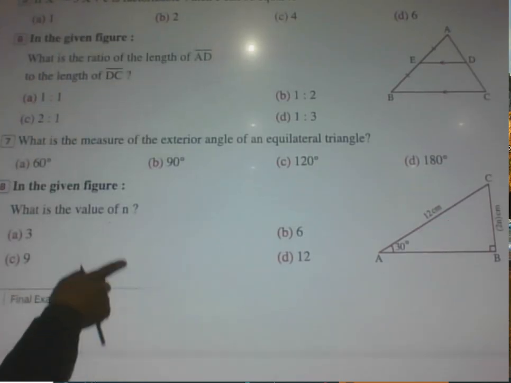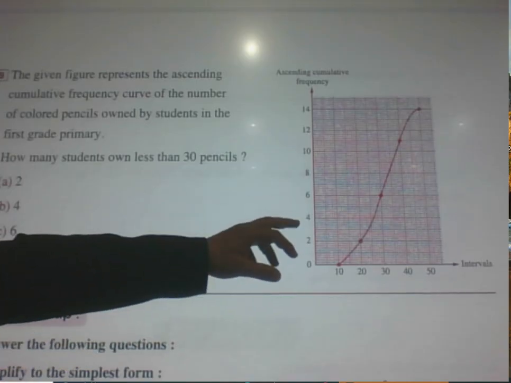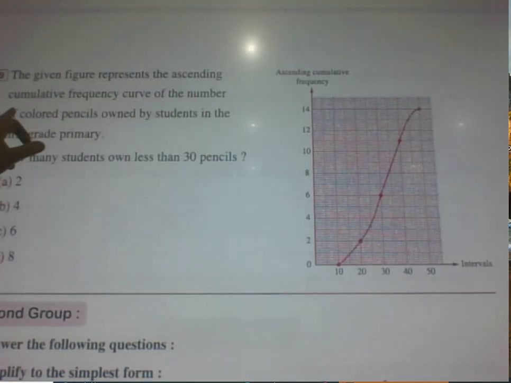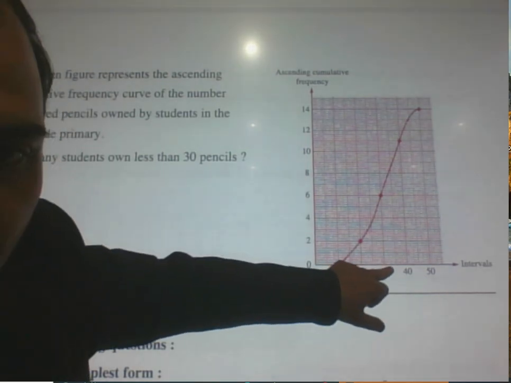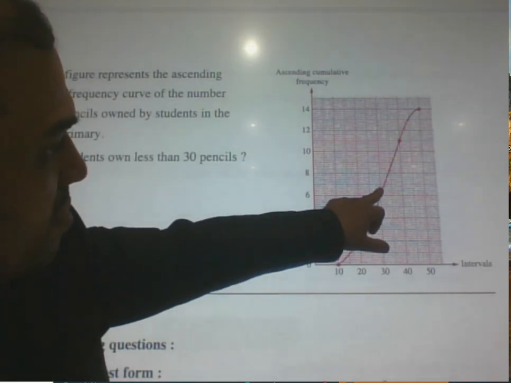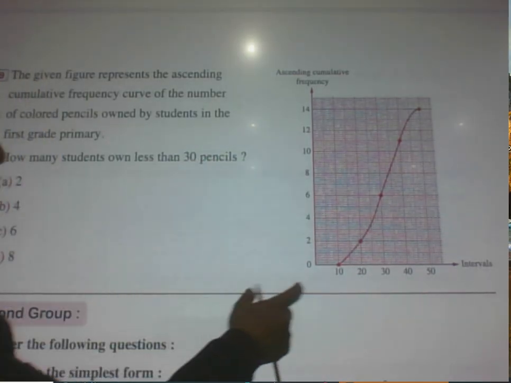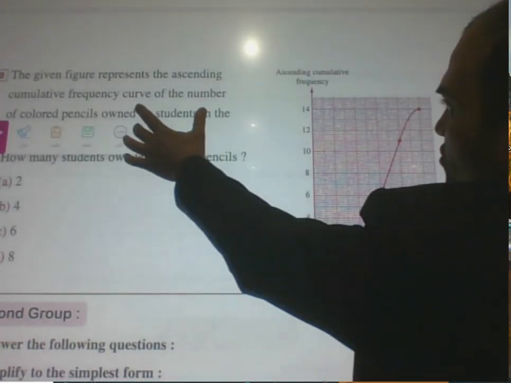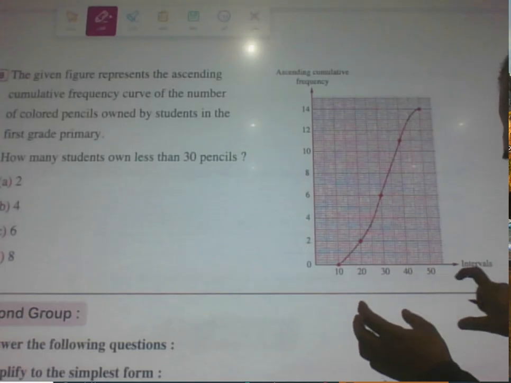Next question down. Look here, graphically we have a figure that represents a cumulative frequency. We want to find how many students have less than 30 pencils. Going to 30 here and dropping up, going to 6. Then the answer will be 6. The total number of students here was 14, and the intervals here are from 10 to 50.